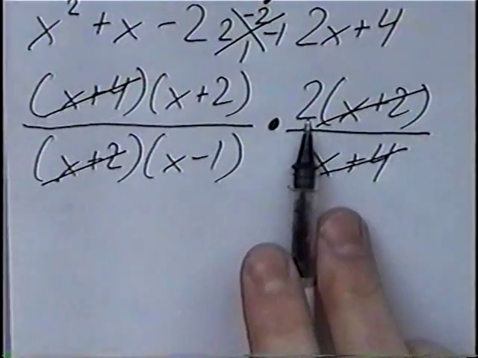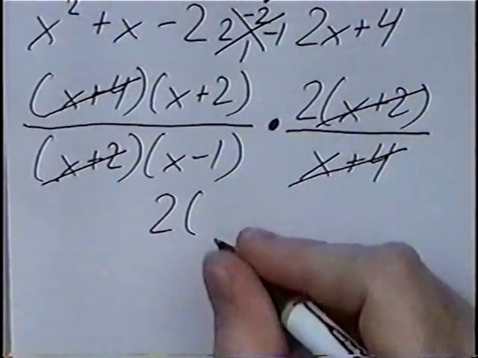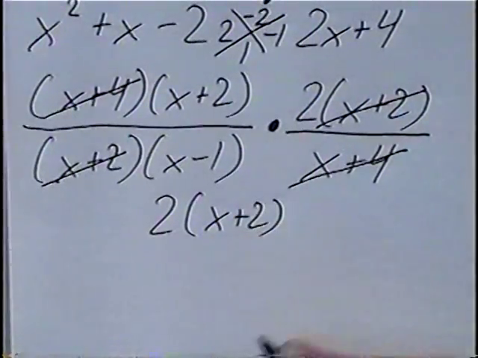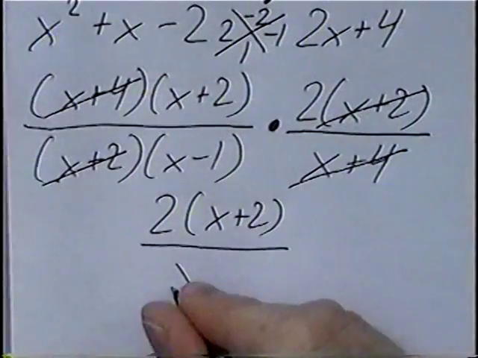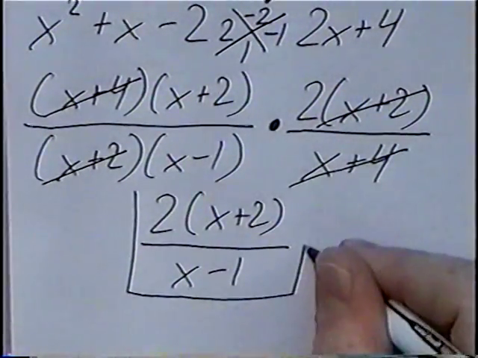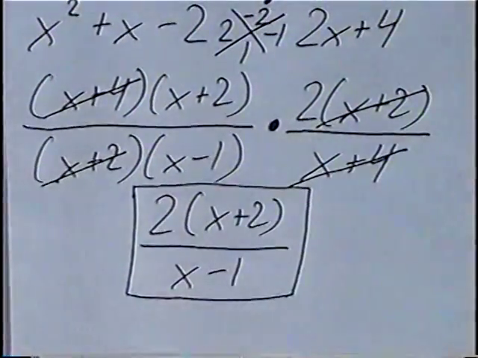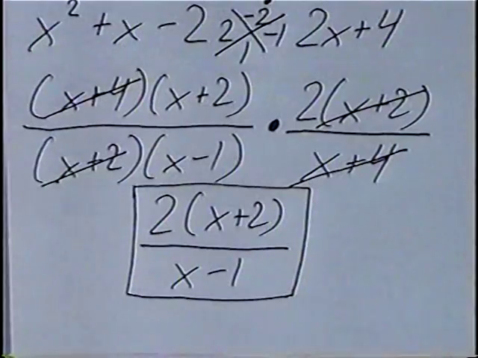So we can write these as our answer. The 2 coefficient can go in front. X plus 2 we can write after. Divided by x minus 1, which is on the bottom of the fraction or denominator. So our final answer, after reducing or cross-canceling, we'll have 2 times x plus 2 divided by x minus 1.